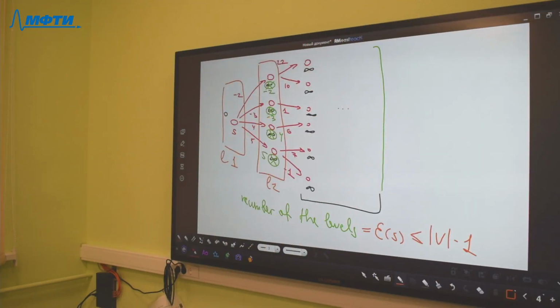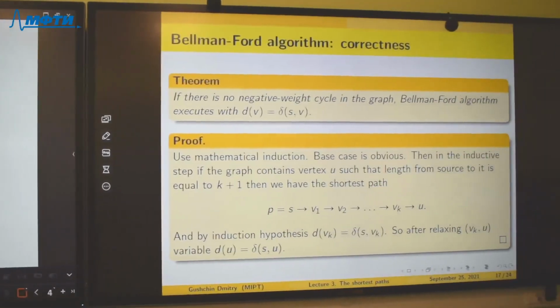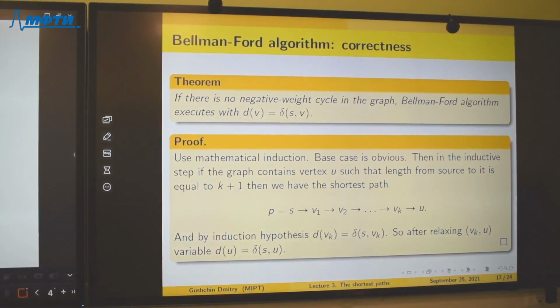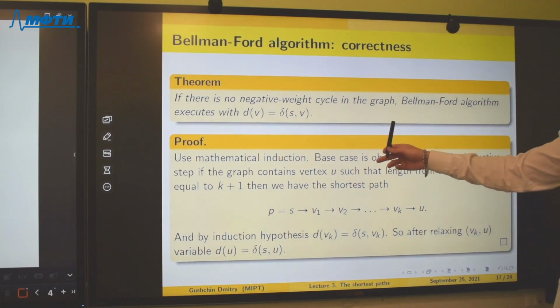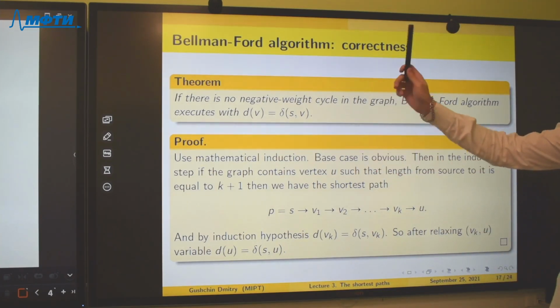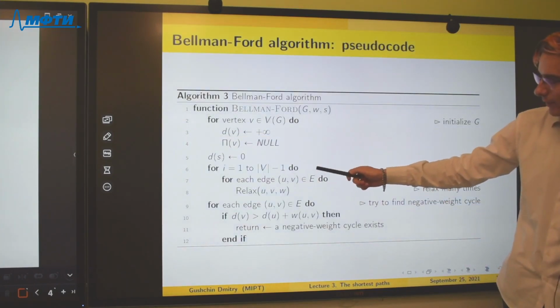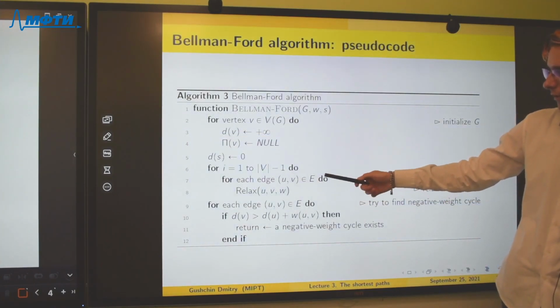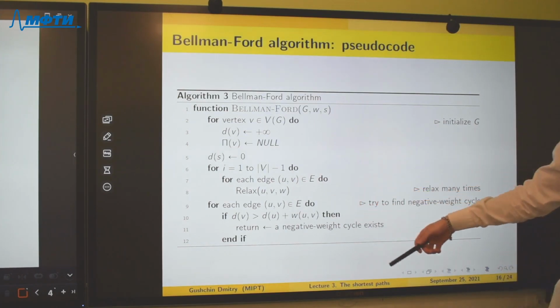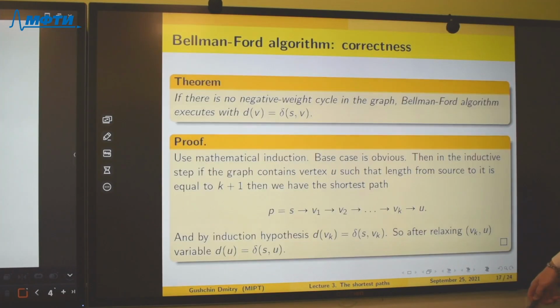Now, about correctness. If there is no negative weight cycle in the graph, then after we repeat this relaxation operation many times, we get the real distance. Why?